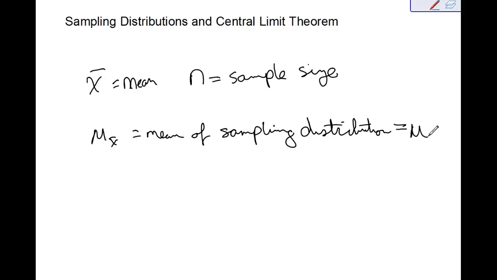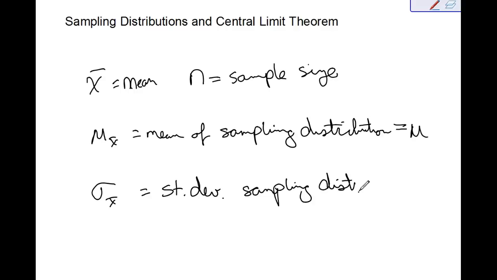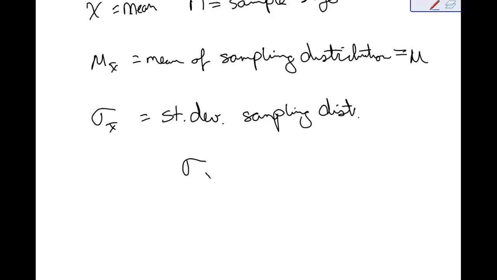The standard deviation for a sampling distribution is going to be sigma of x bar. This is our standard deviation of a sampling distribution, and we calculate it by taking our population standard deviation and dividing it by the square root of n. Again, this accounts for error, degrees of freedom, things of that nature.